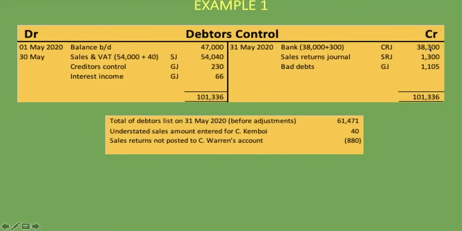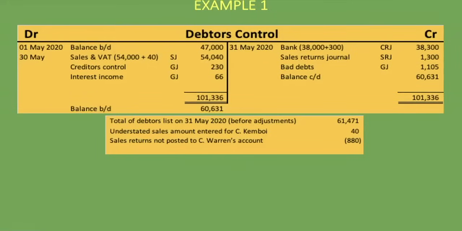So we're going to put it on the credit side, balance carried down, and what I was missing there is the 60,631 rand. And we know now that is our closing balance for the debtors control. So we're going to put it on the debit side. So when we put it on the debit side, it's going to be written balance brought down, and you put the exact same amount as the one from balance carried down of 60,631 rand. If you know your general ledger, it should have been easy for you to complete this or to close off the account or to balance off the account.